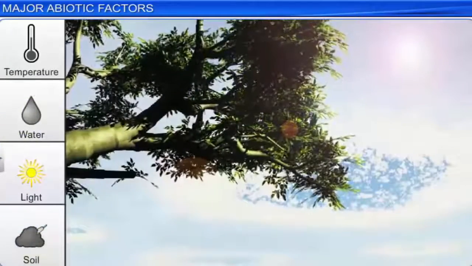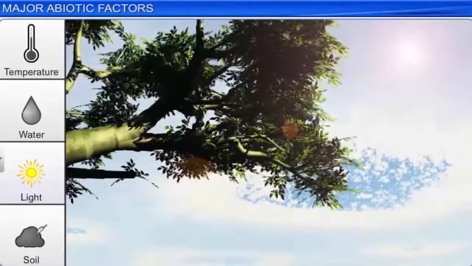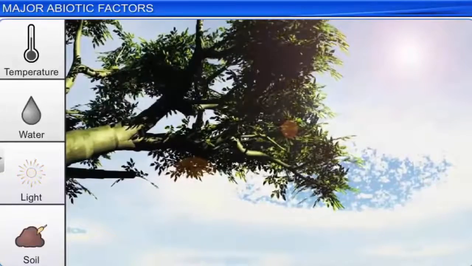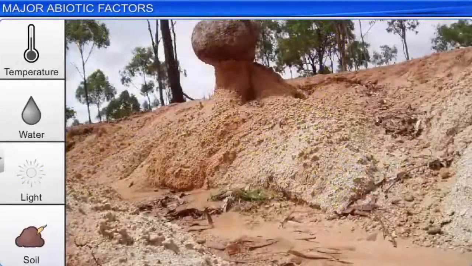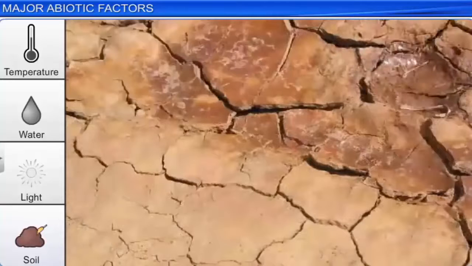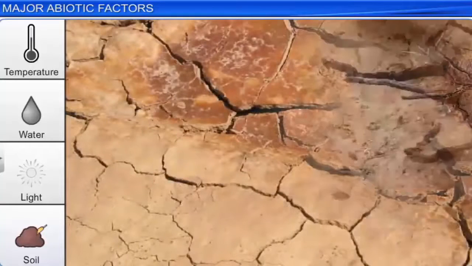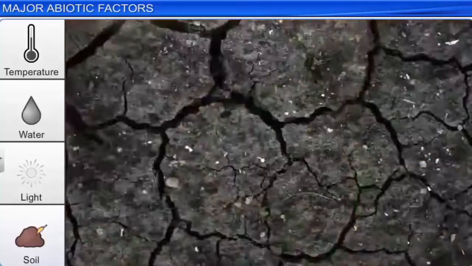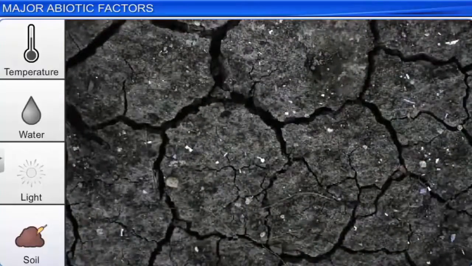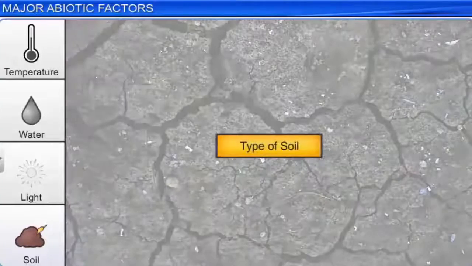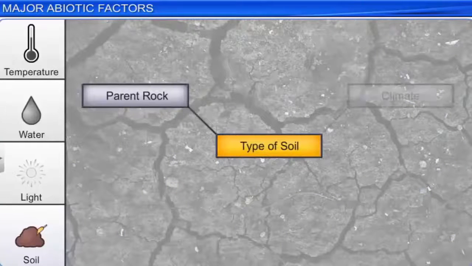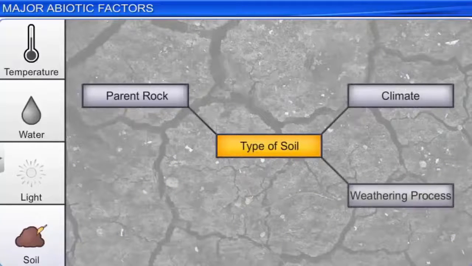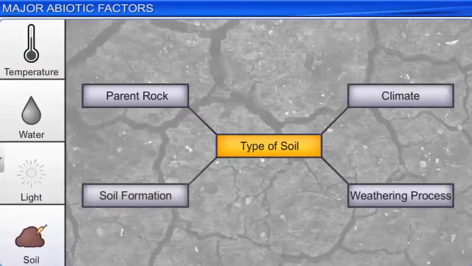Just as plants require light and water for their survival, they also require soil, another important abiotic component. On Earth, the nature and properties of soil varies in different places. The type of soil depends on the parent rock, climate, weathering process, how the soil is formed, and whether the soil is transported or sedimentary.